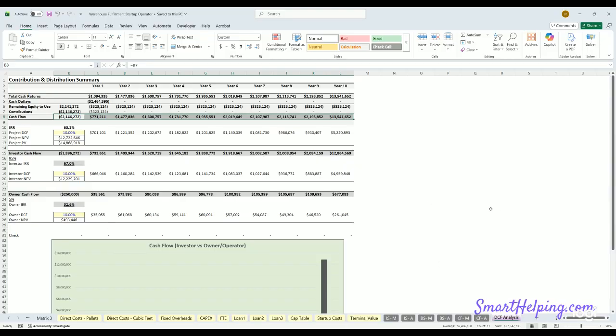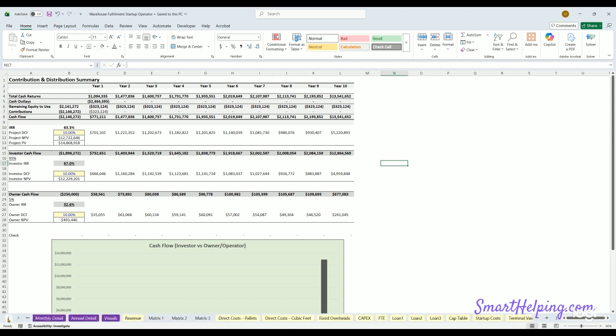For this type of model and operator, the discounted cash flow analysis might not be quite as relevant. You're probably not getting investors, or you might be raising money from friends, family, whatever, or your own money to start this thing. It's more capital light. You're going to rent out the warehouse.